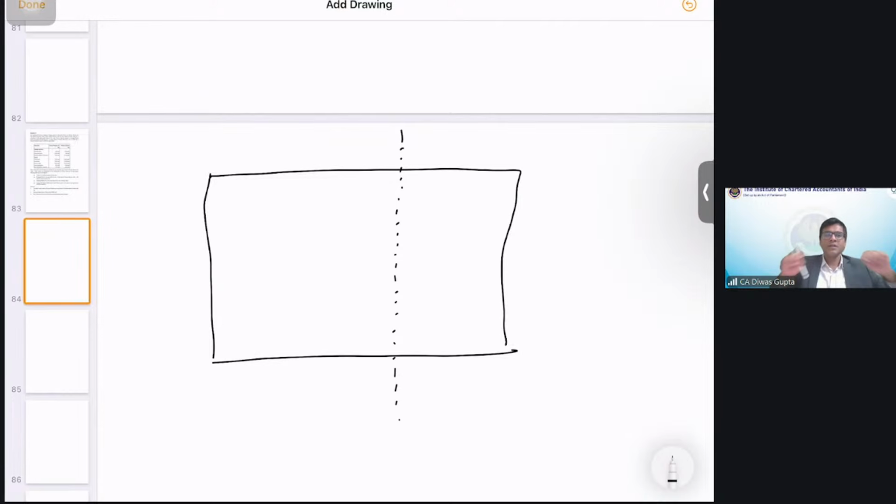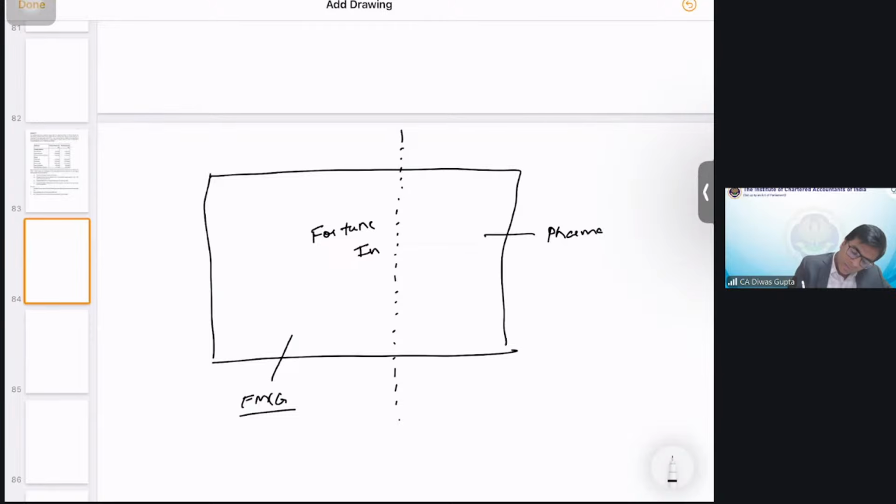There is a split that has happened, one into pharma and second into FMCG, right? These are the two different businesses that the company was doing, right? Fortune India Limited, right? This was the entire company.